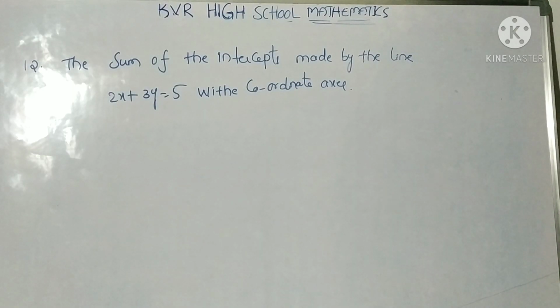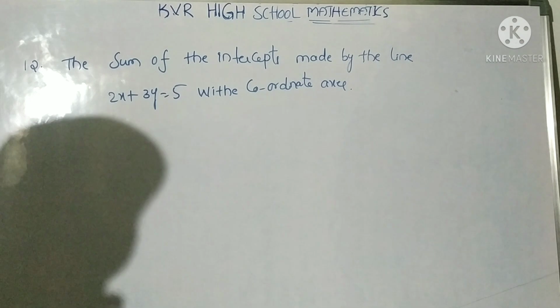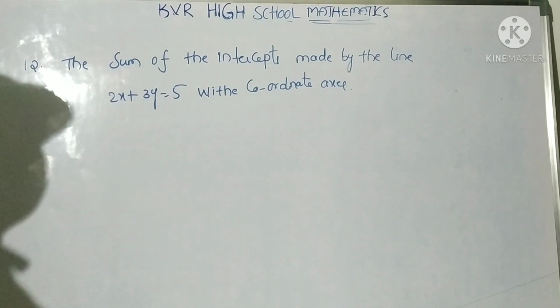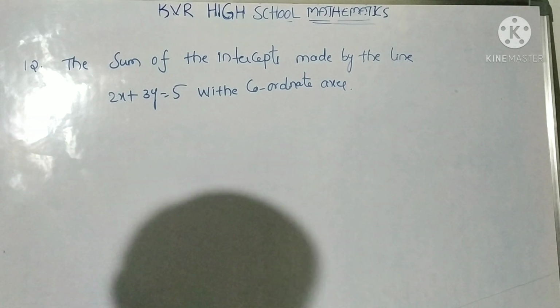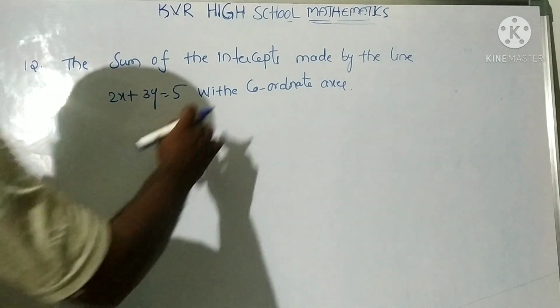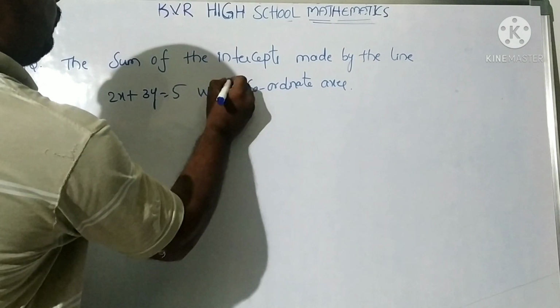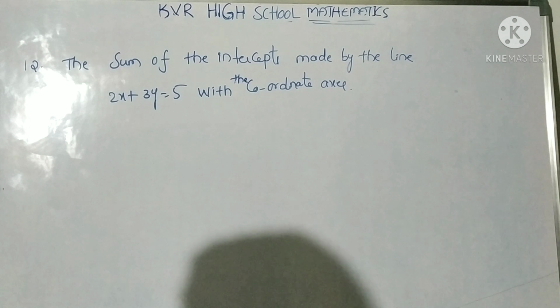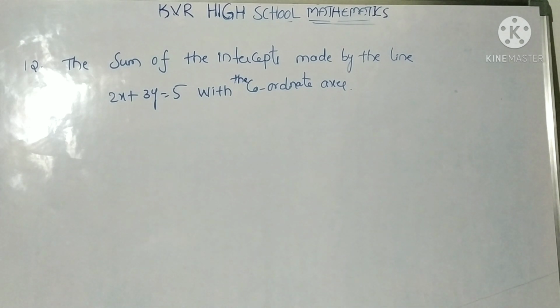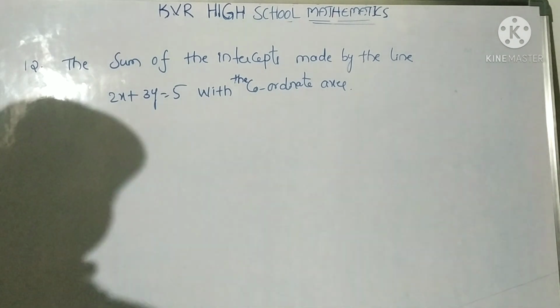Okay, next, the 12th question. The sum of the intercepts made by the line 2x plus 3y equals 5 with the coordinate axes. Sum of the intercepts: intercepts means the x-intercept and the y-intercept. So the x-intercept plus the y-intercept.